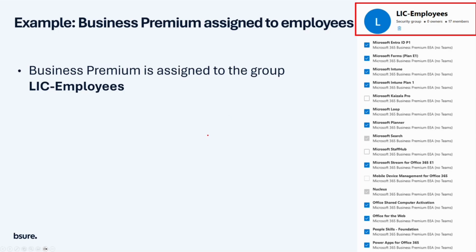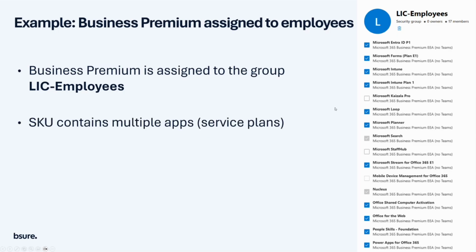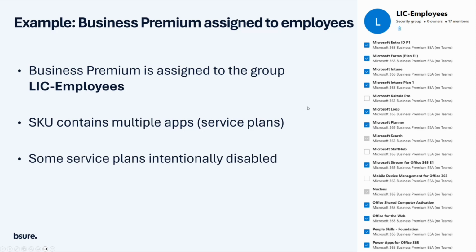And as we can see here, Business Premium contains a lot of service plans, or apps, as it's also called within the Microsoft 365 Admin Center. If we take a look here, we can see that we have not checked two of these. It's Kaizala and Staff Hub, and that's intentional. We don't use those in BeSure, so there's no reason for users to see them in Microsoft 365 either. So that's why they are disabled.